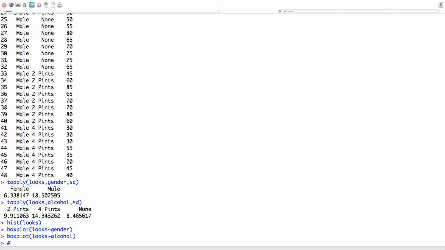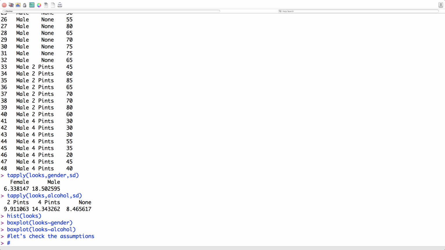Guys, next thing I want to do, let's check the assumptions. And again, first assumption is going to be independence. And this assumption is typically checked in the design of our study. This is the way our data is collected. It doesn't look like there's any threat to independence.